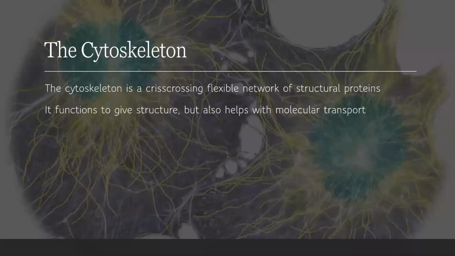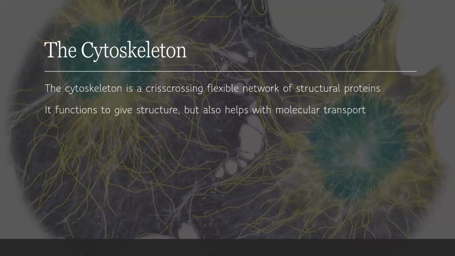The cytoskeleton is comprised of actin, microtubules, and intermediate filaments that make a crisscrossing, flexible network of structural proteins. You would find them right underneath and around the nucleus, around the inside of the cell membrane, and crisscrossing throughout, providing highways throughout the cell.